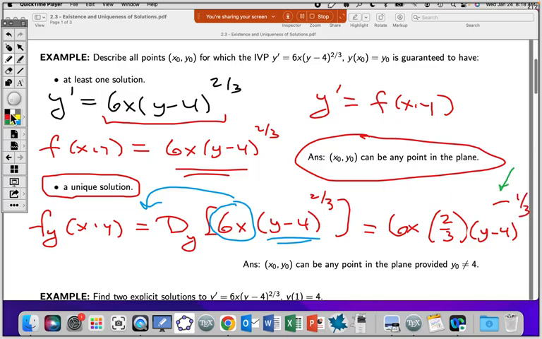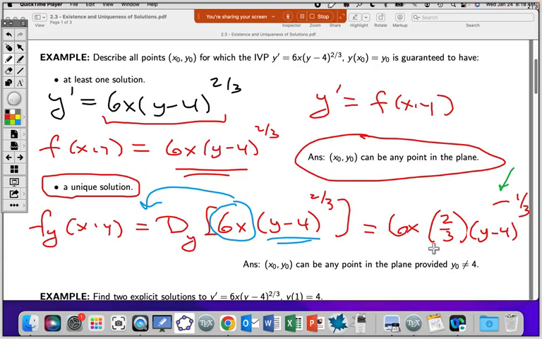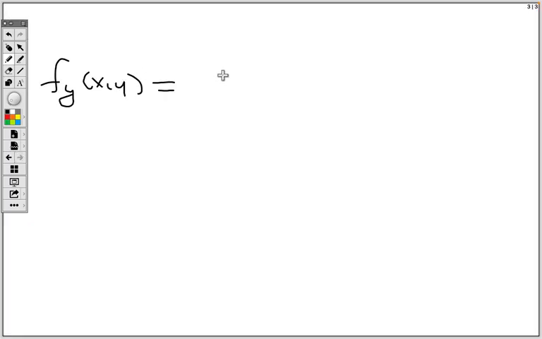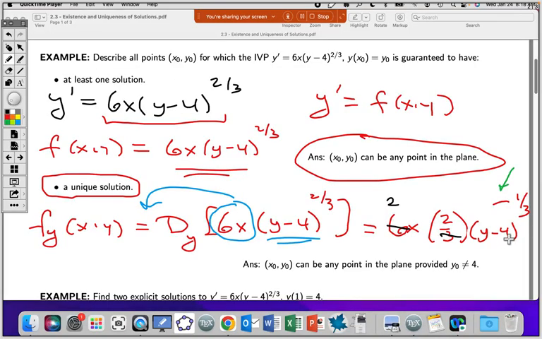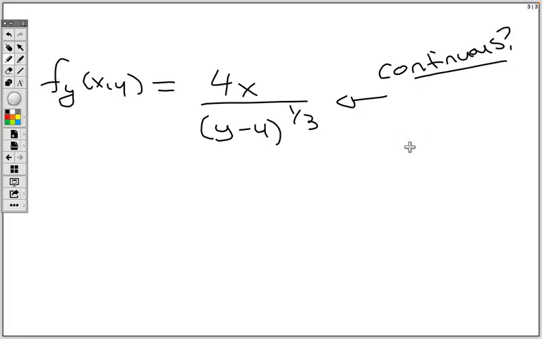So if I look at this on the next slide and simplify, I can simplify the 6 and the 2/3. But what does that negative do? That negative tells us that this quantity is really where? Yes, it's in the denominator. So now if I'm looking at where this is continuous, this is going to be continuous provided what?